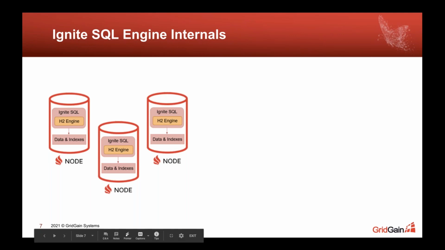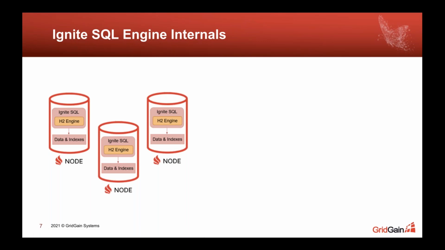Let's have a closer look at the subsystem responsible for execution within a node. Its main part is the query engine itself. We often say that the H2 engine is utilized for that, but to be honest, it's not 100% true. Our engine is based on it. For example, in GridGain Community Edition, it has been already forked.